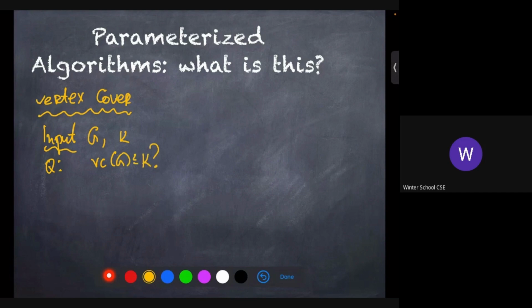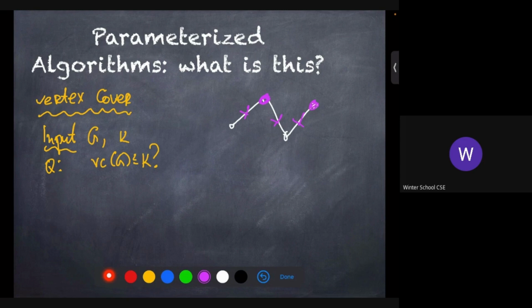The vertex cover is the set of vertices such that every edge in the graph is adjacent to at least one of the vertices from this set. So for example, in this graph, a vertex cover is this vertex and this vertex, they form a vertex cover because every edge is covered by the set. This is a classical NP-complete problem.